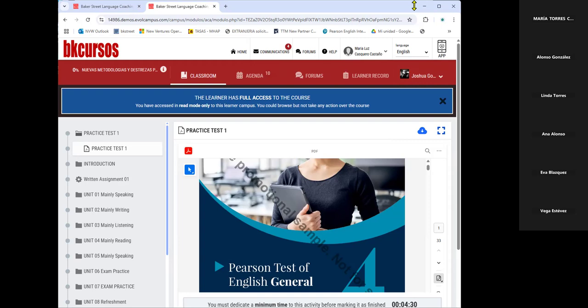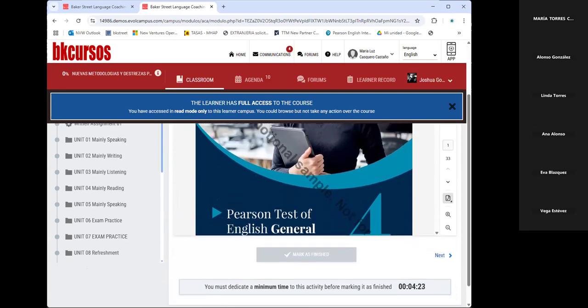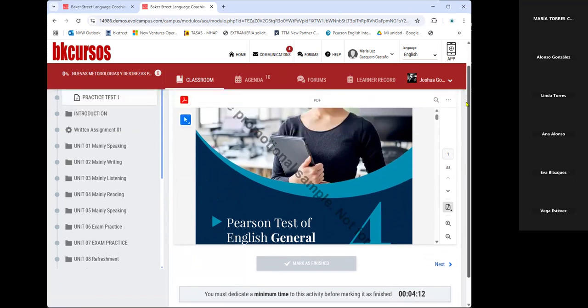And then you can see the exact format of the exam. So this one says you must dedicate a minimum time to this activity before marking it as finished. That's very important. Each of the activities has a minimum time which you must study, please. Okay?